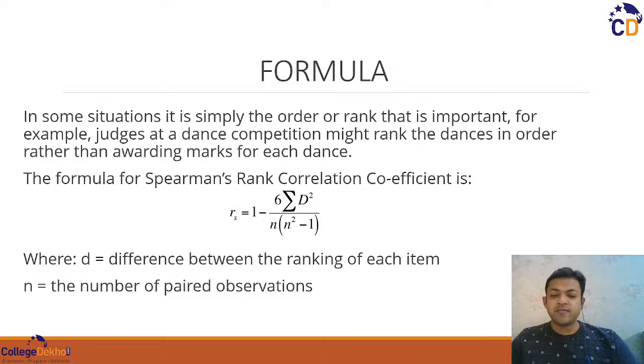So correlation gives us an idea about whether or not two quantities are connected to each other. Let us take a small example. Suppose we need to find out whether the price of cold drinks depends upon the temperature.